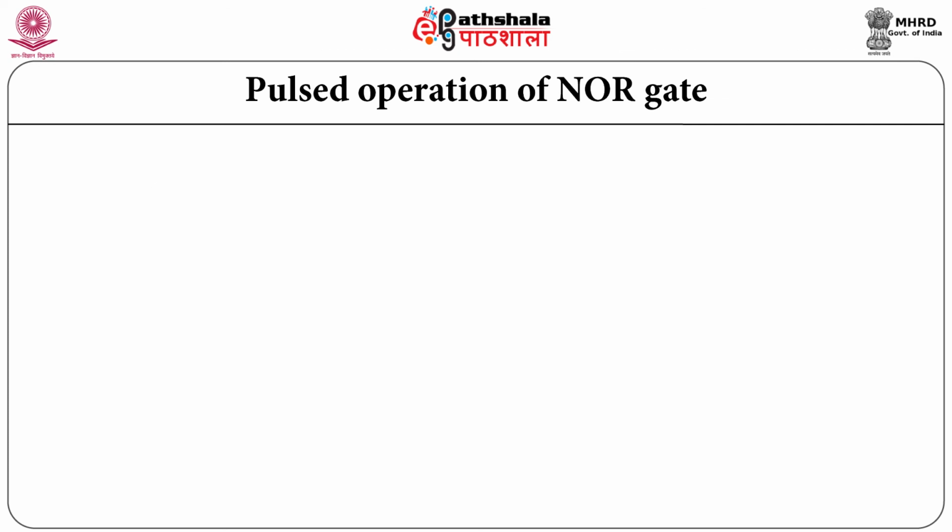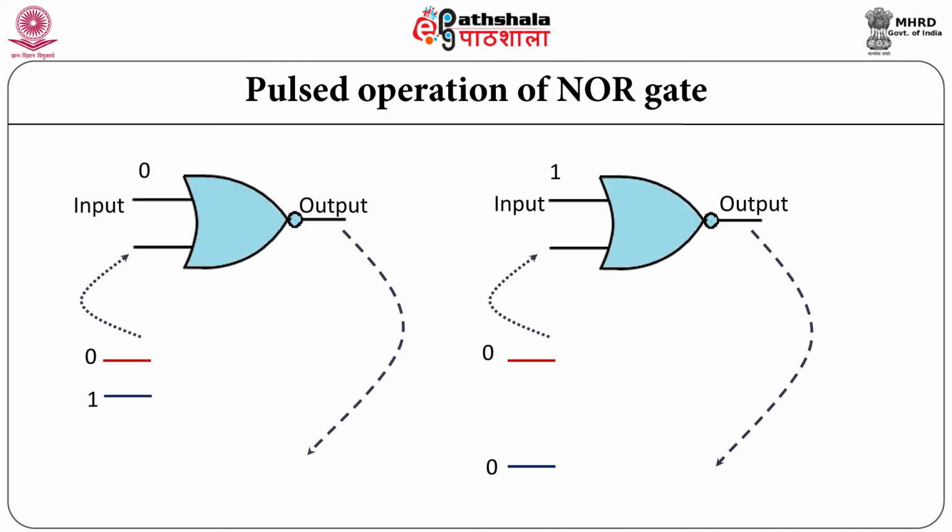Let us now move on to the pulse operation of the NOR gate. In this case, one NOR gate receives logic 0 as the input and the other gate receives logic 1 at the input.